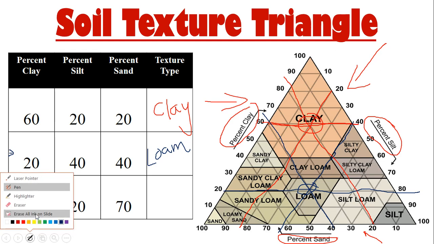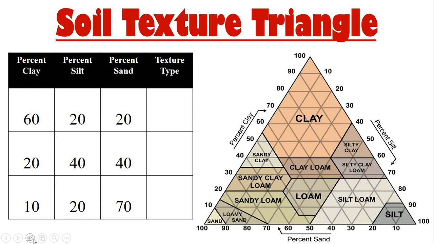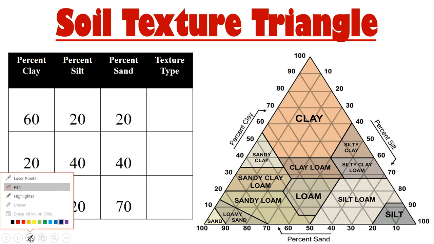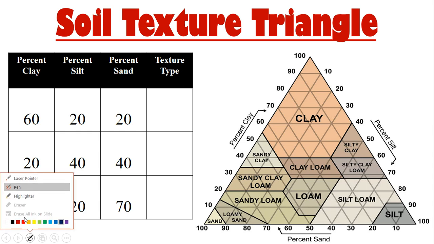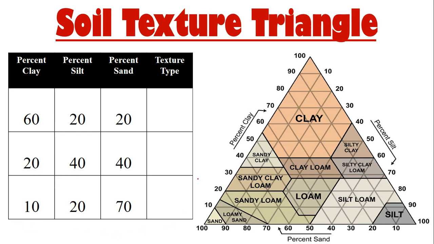All right, I want you to try the last one on your own. Pause the video real quick, try it on your own. I'll give you 5 seconds. 5, 4, 3, 2, 1. All right, I'm going to change back to the red marker. This one says 10% clay.